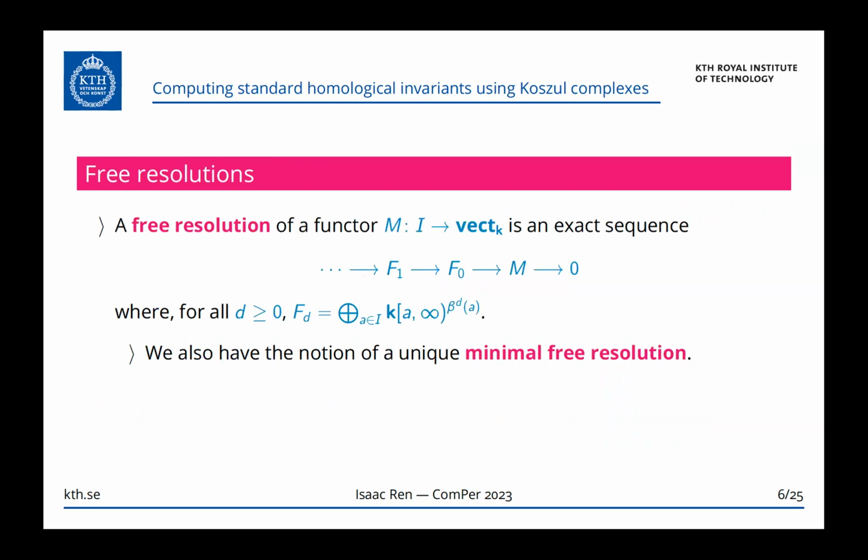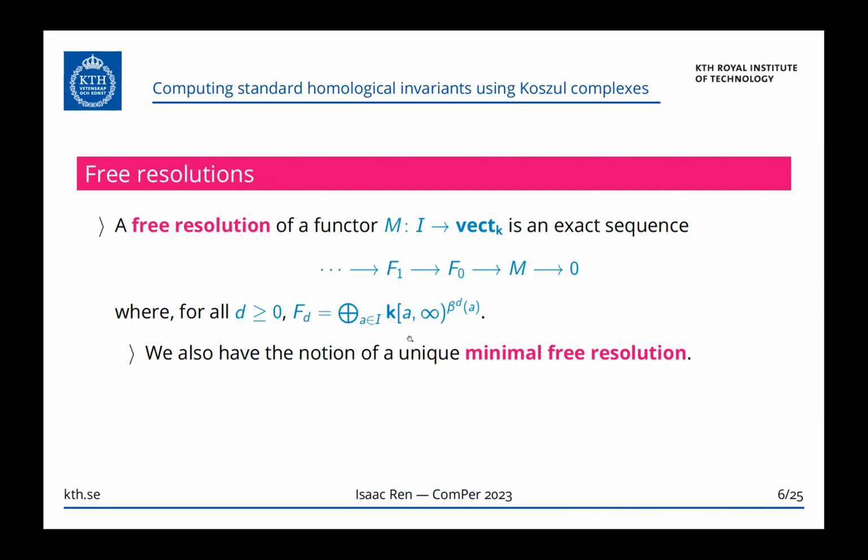Once we have free functors, we can talk about free resolutions. A free resolution of a functor M is an exact sequence M, F0, F1, and so on, where for all d greater or equal to 0, Fd is a direct sum of these free functors at elements of the poset.